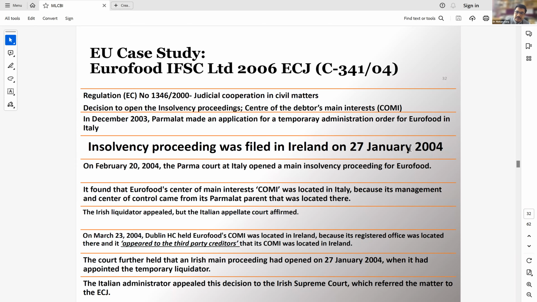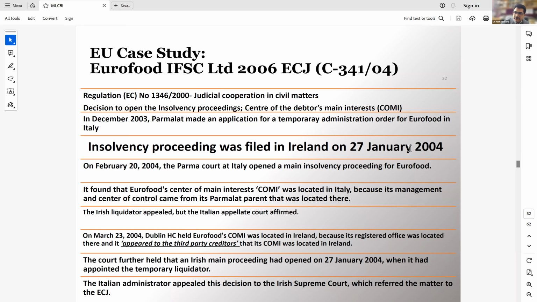The same phrase you find also in section 7 of the draft Part Z and the rules and regulations. So this statement comes from this Eurofood case, that it must appear to the third party creditors.